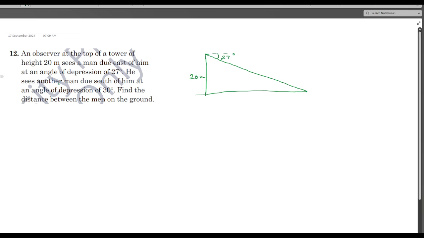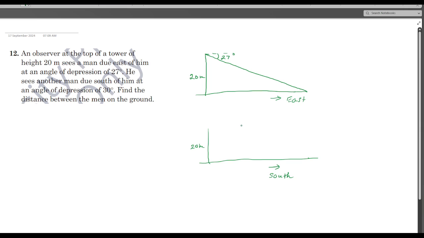He sees another man due south of him at an angle of depression of 30 degree. Okay, so this is a two-dimensional diagram. Here suppose I am showing this as the east direction. In the same way, on the ground, this is 20 meter only, and now I will show this as my south direction.